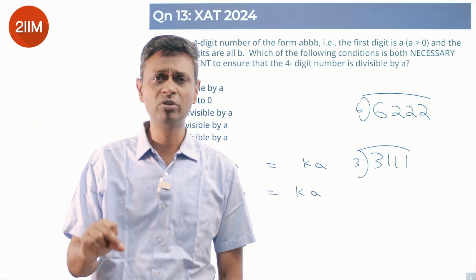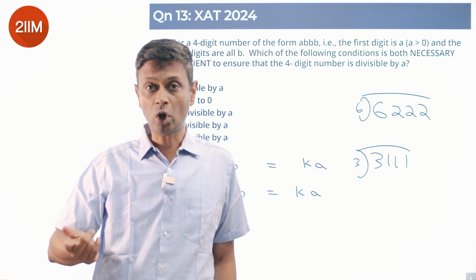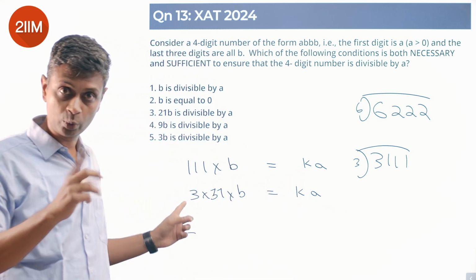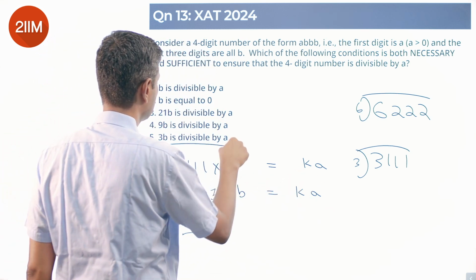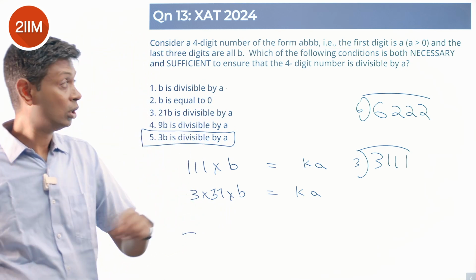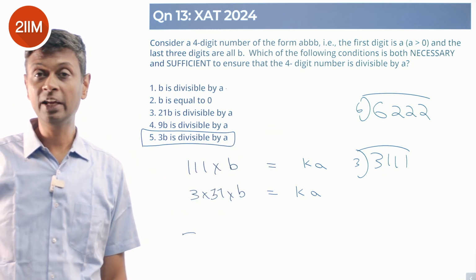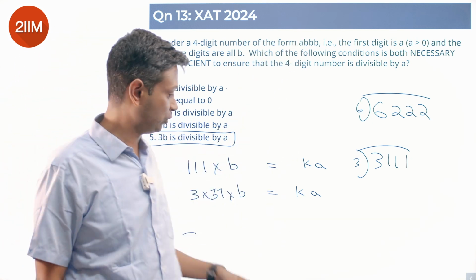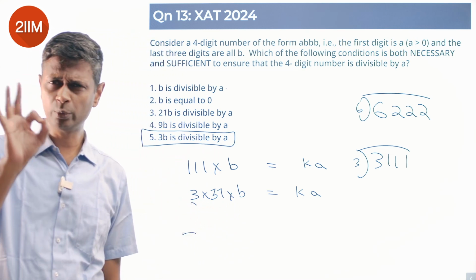It is necessary and sufficient if A is a factor of 3B. Both ways it works. So 3B is divisible by A. Not just this, not this. I could have a scenario where B is not divisible by A and still A triple B is a multiple of A. That's still possible because of this pesky 3 sitting here. Beautiful question.